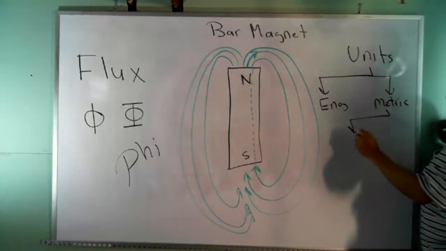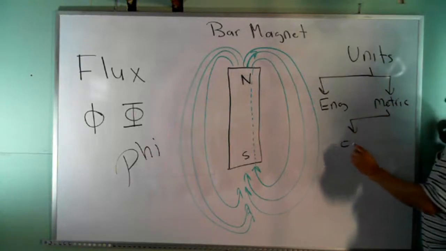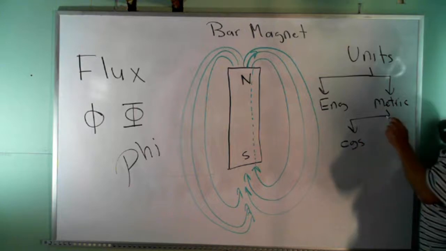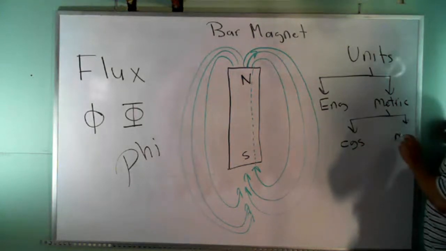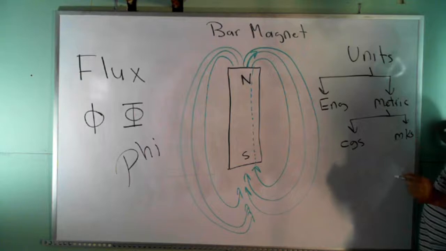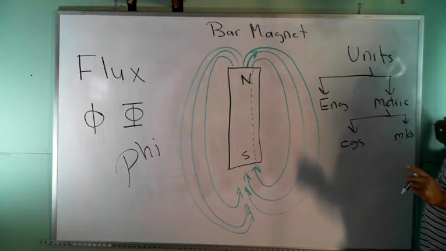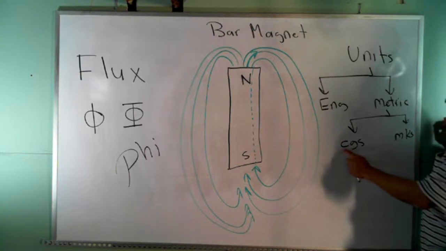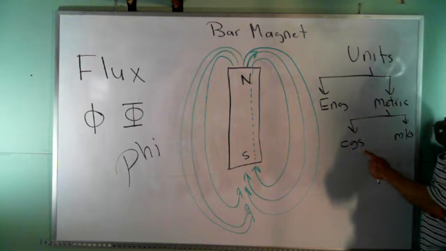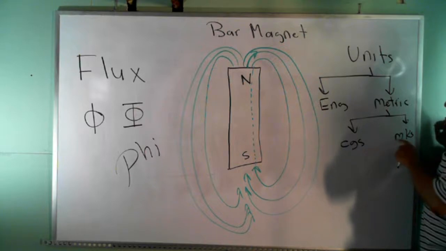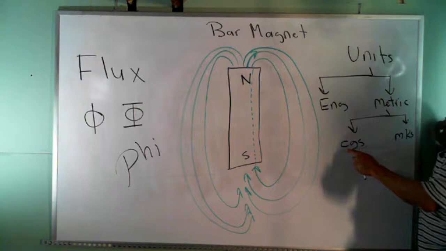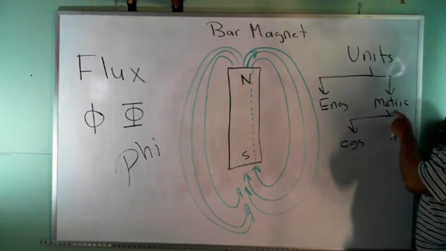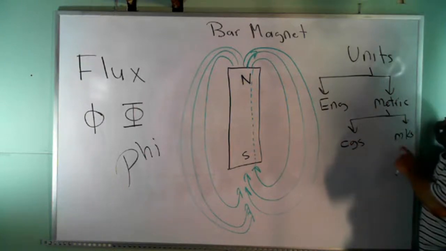And over here, if you remember, we had CGS and we had MKS. And just in case you forgot what this means, this is centimeter, gram, second. This is meter, kilogram, second. So there are these two subsystems under the metric system, CGS and MKS.